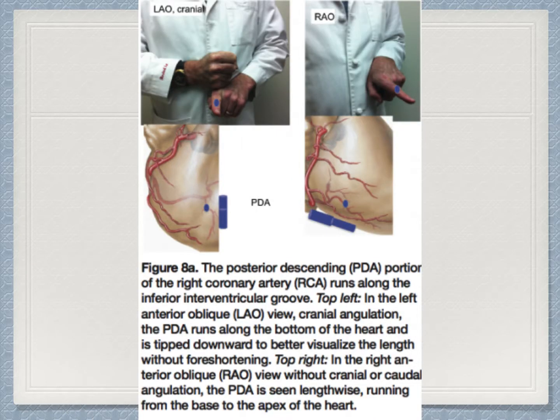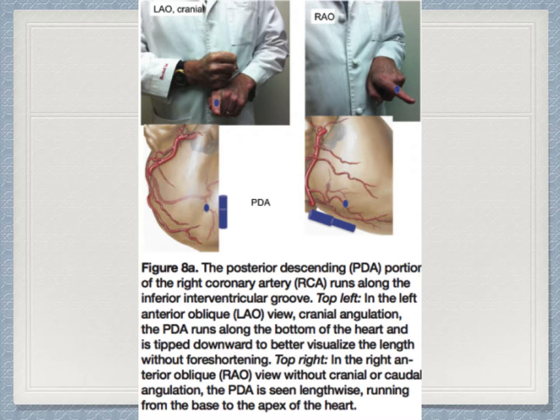Now for the right coronary artery, what you see in the purple color is the posterior descending. So look at this in the LAO. LAO, I associate with the right coronary. It's something that usually makes sense.